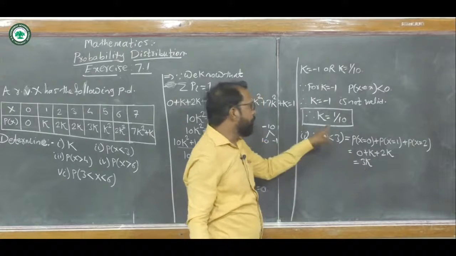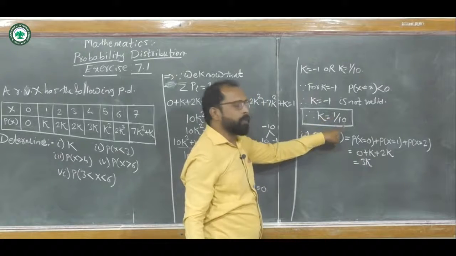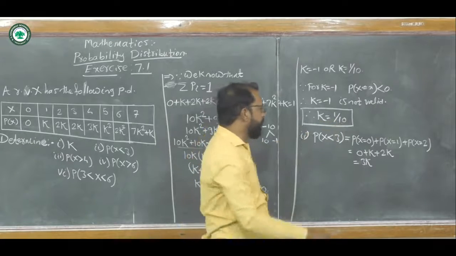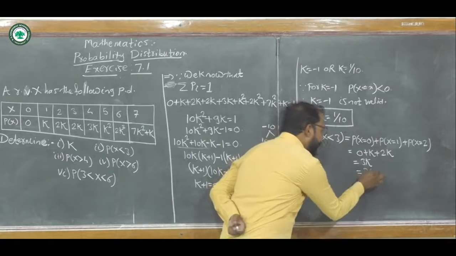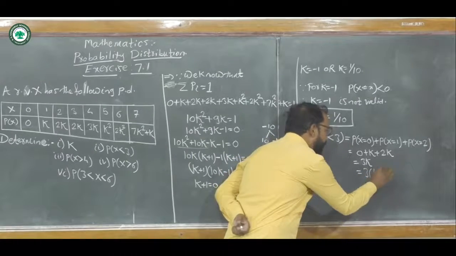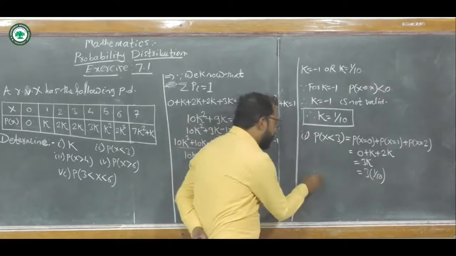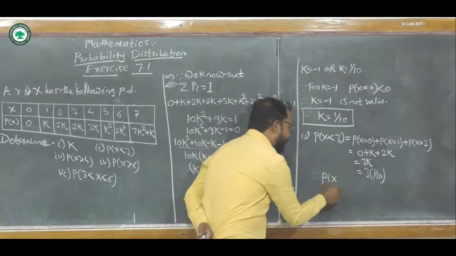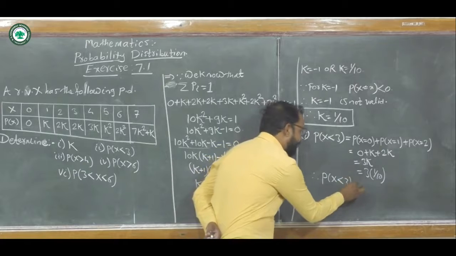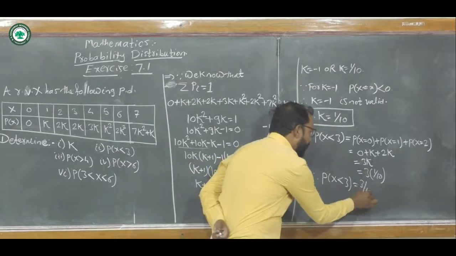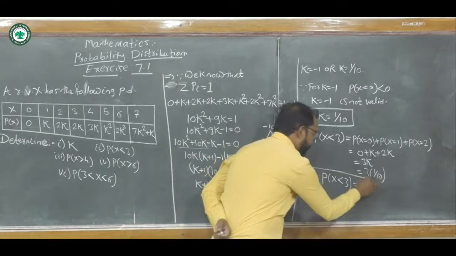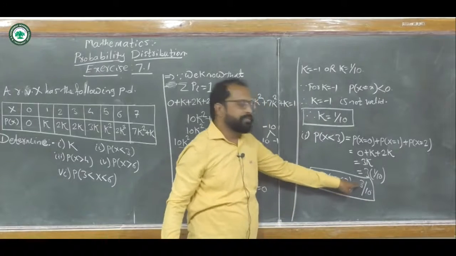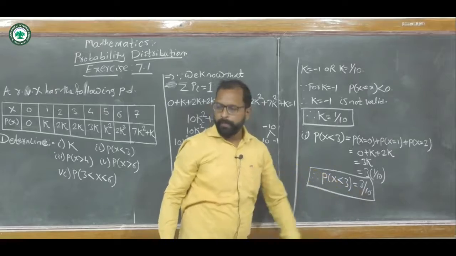We know the value of k is 1 upon 10. Putting this value, we get 3 into 1 upon 10. Therefore the probability that x is less than 3 is 3 upon 10.